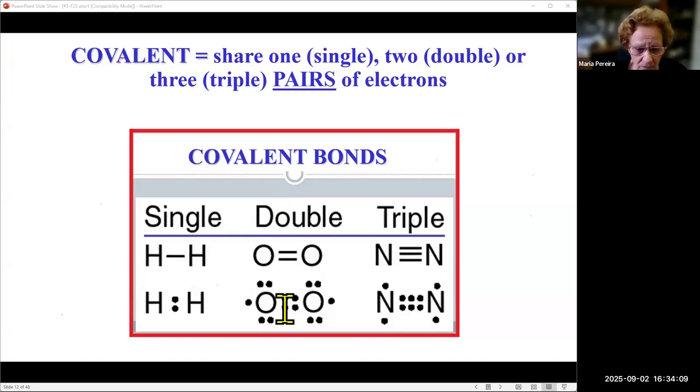So this is a double covalent bond. And here you have a triple bond, where two nitrogen atoms are sharing three pairs of electrons. So in this case, this is the strongest bond among these three because it's sharing the greatest number of pairs of electrons.